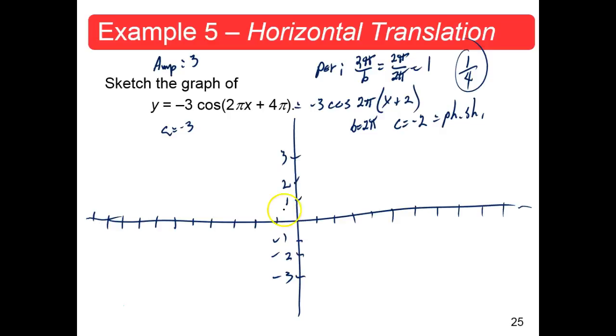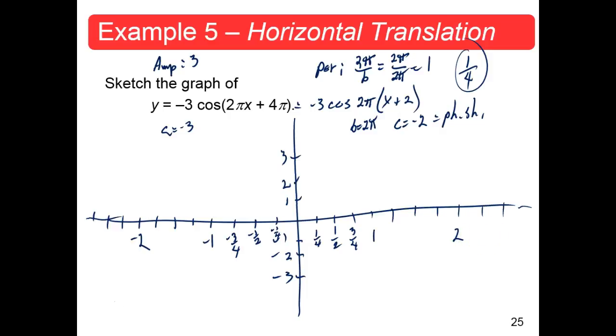Okay, so this is -1/4, -1/2, -3/4, -1. I'm going to do every one now. And then 1/4, 1/2, 3/4, 1.